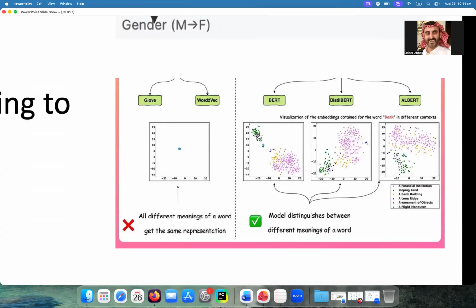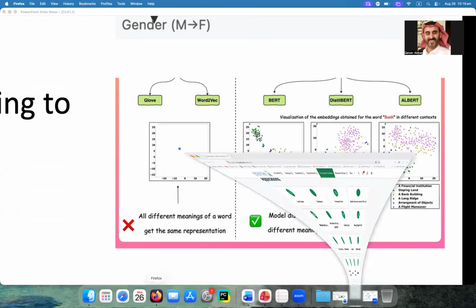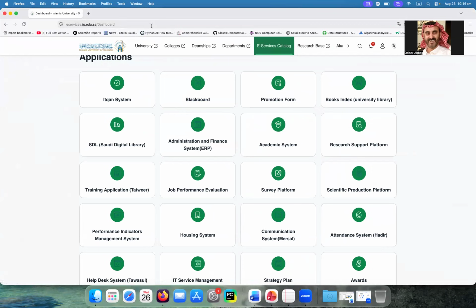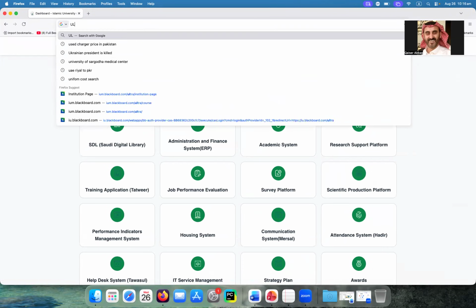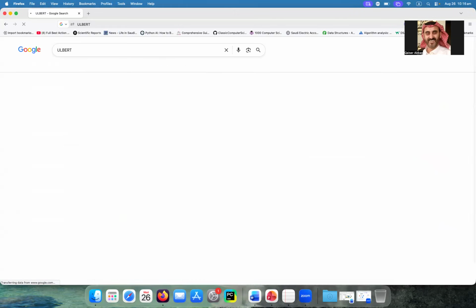On the other hand, nowadays when you are using BERT, DistilBERT, or ALBERT, and we have UrduBERT as well. Just a minute, let's see if it will come up or not. I don't know, I'm just checking.